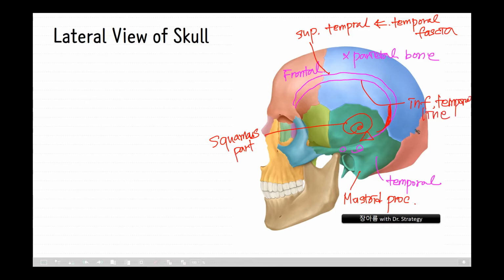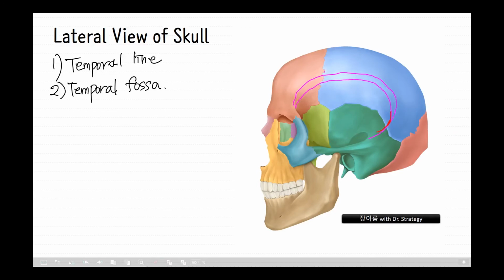Here, the temporal muscle attaches. Okay.